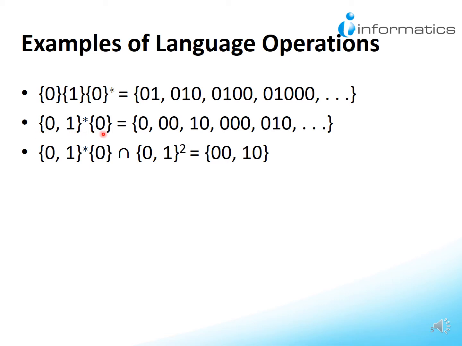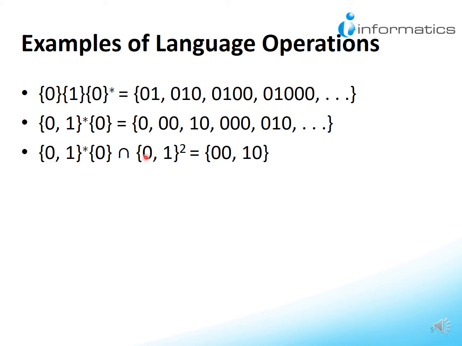The next one means any string over 0, 1 followed by 0. In other words, this represents the language that ends with 0. For example, this will end with 0, end with 0, end with 0, and so on and so forth. This is the intersection of two languages. The first language ends with 0.